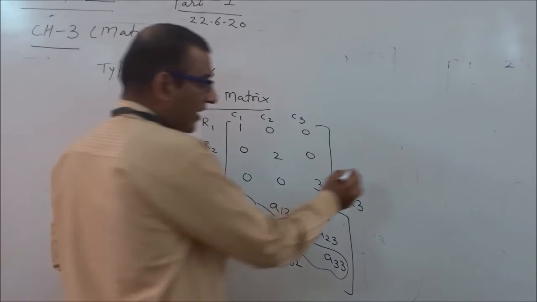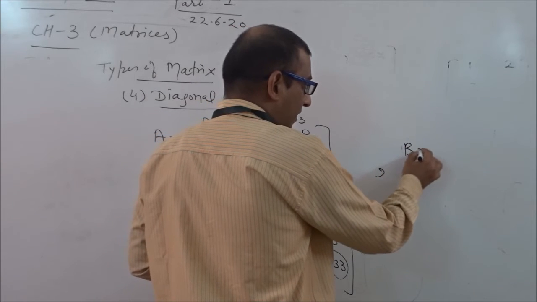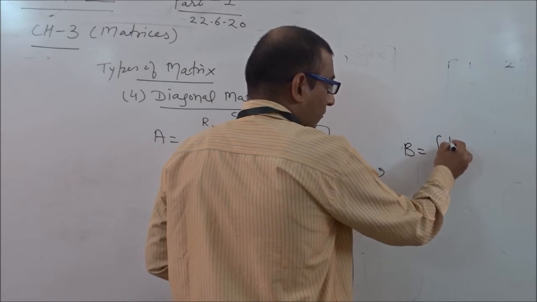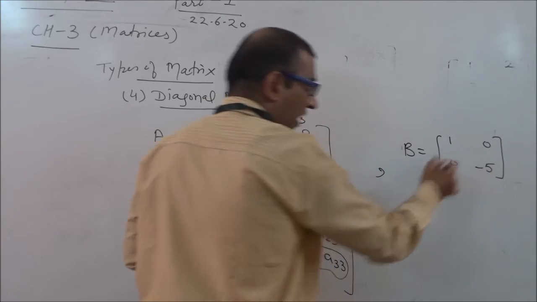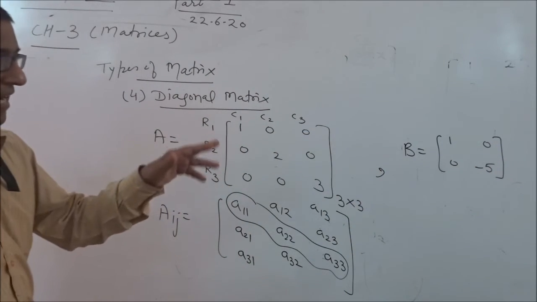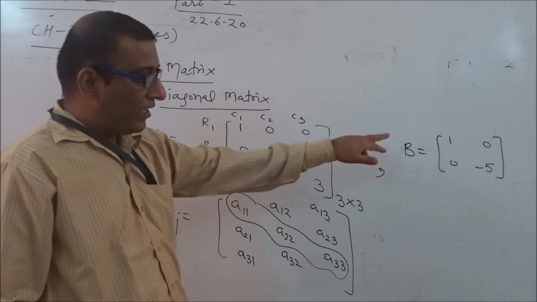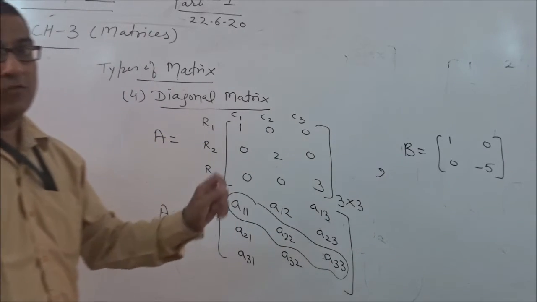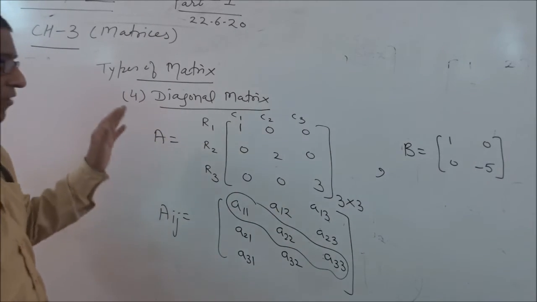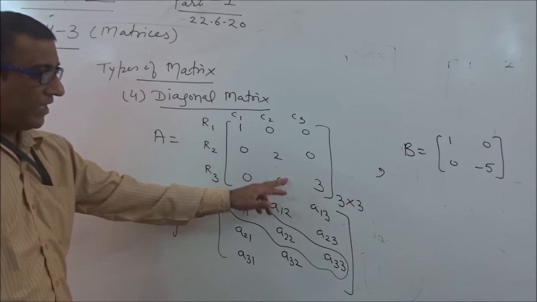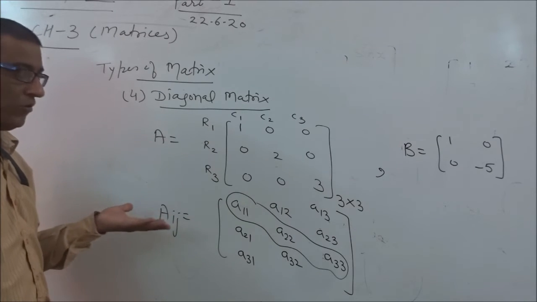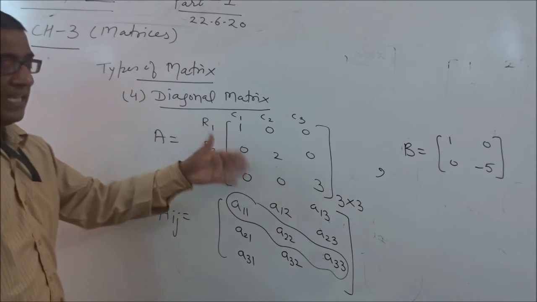If we are taking another example, for example, if I am taking B, so we can say 1, -5, 0, 0. Such type of matrix is also known as diagonal matrix because if you see here, non-diagonal elements are equivalent to 0. So this is the condition: the non-diagonal elements are equivalent to 0 and the diagonal elements can be any real number.